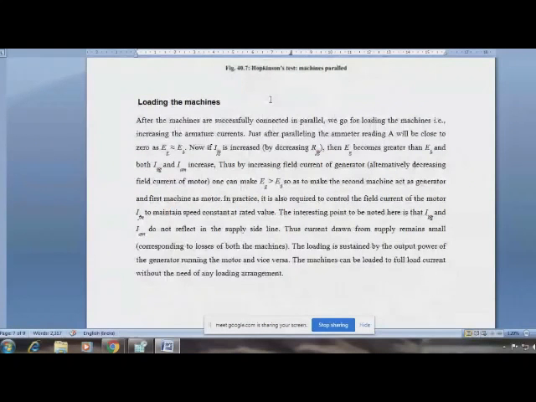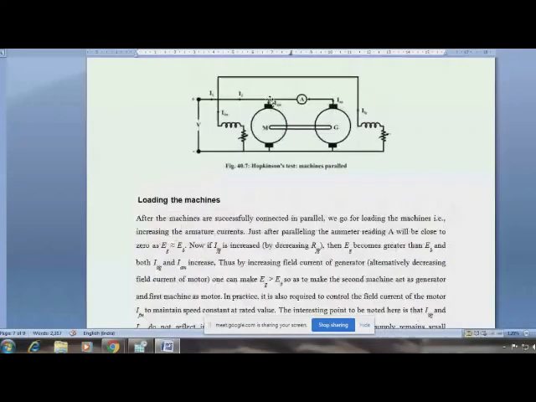And further, we see that the current generated by the generator, since it is going to the armature of the motor, essentially circulates between the two machines, and hence this will not be reflected in the current taken from the mains.